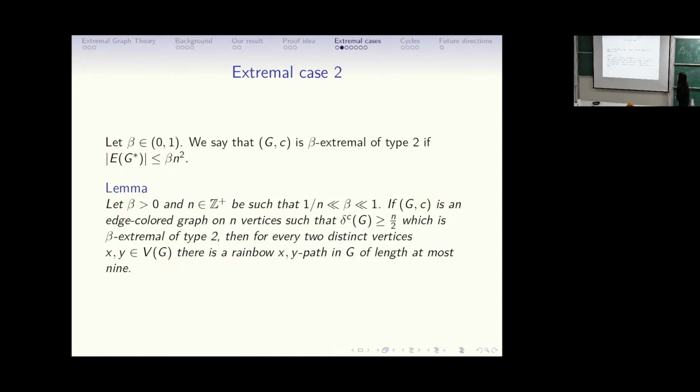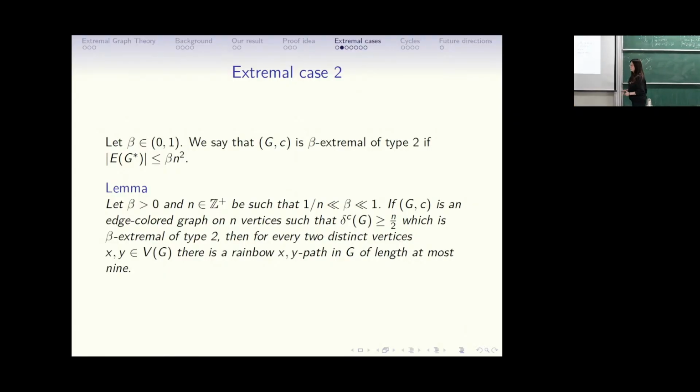So in this case, if the number of double edges is less than a small portion, then we can find a rainbow path of length at most 9. Actually, this is the only place we actually need 9 in our proof, and this is the most technical part.